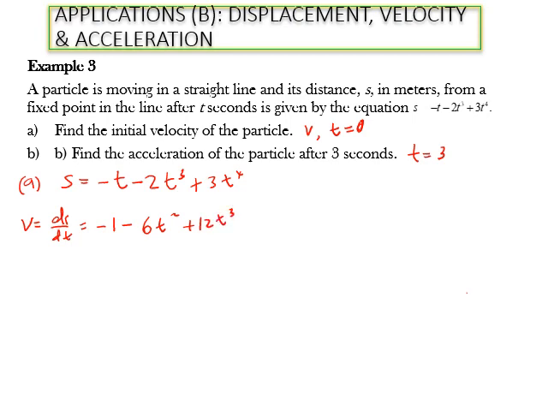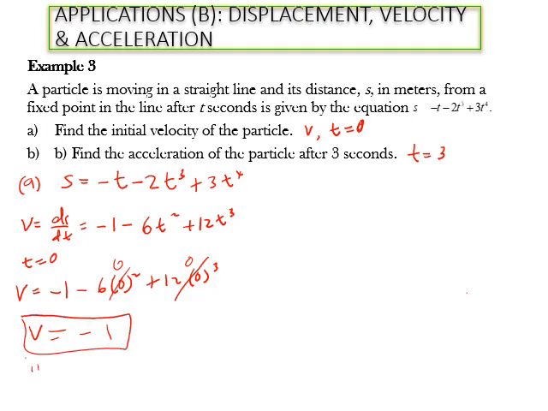The initial velocity means t equals 0, so v is equal to negative 1 minus 6 times 0 plus 12 times 0. Since these are 0, the answer for v is negative 1. So this is the initial velocity.